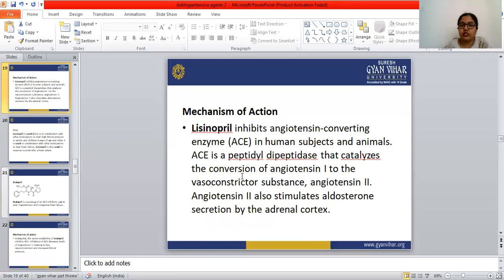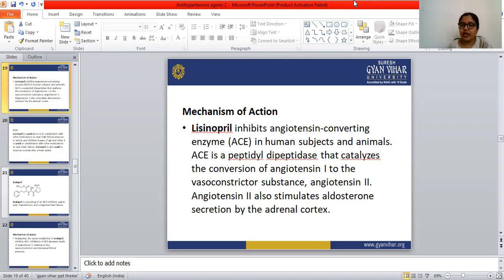Mechanism of action: lisinopril inhibits the angiotensin converting enzyme, ACE, in human subjects and animals.